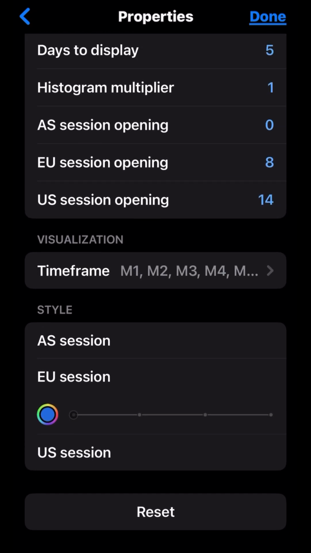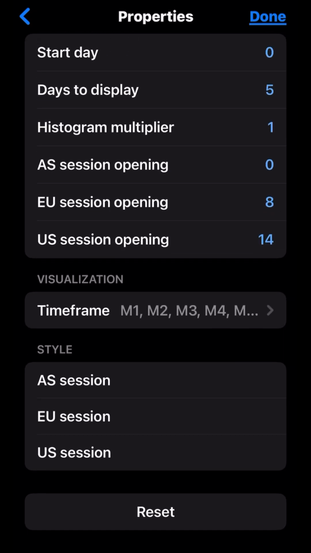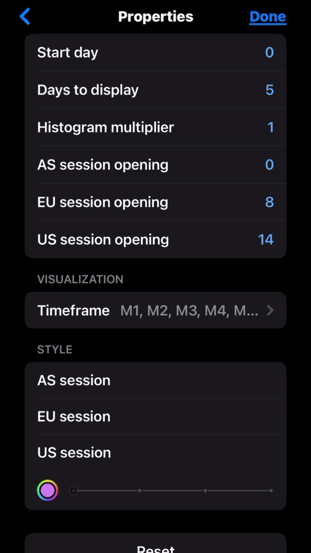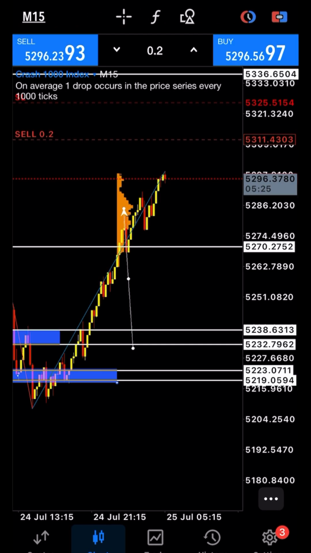The Euro session is the blue indicator on the volume, and the US session is the pink one. I prefer using them more for my confluence than the Asian session. That does not mean the Asian session does not have an effect in the market. It usually does, but not as effective as the US and Euro sessions.